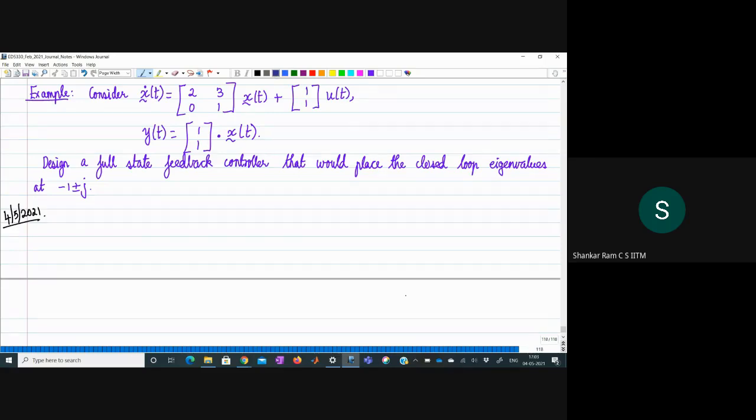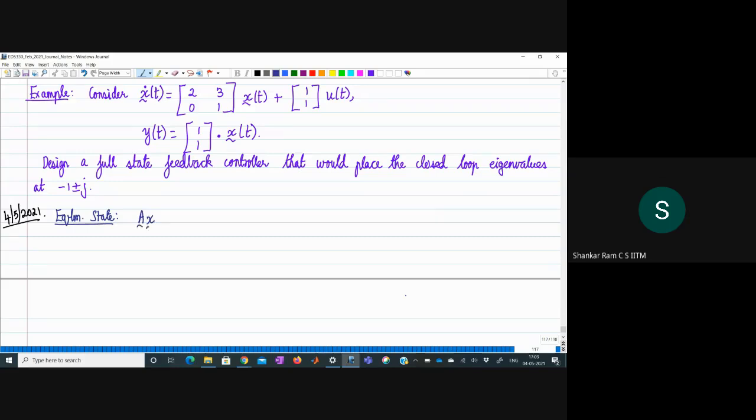Always, when we are working with state space based design, the first step is to calculate the equilibrium state of the system that has been given to us, and then we comment on the stability of the system. Then we go to control design. So let's go in a sequence.